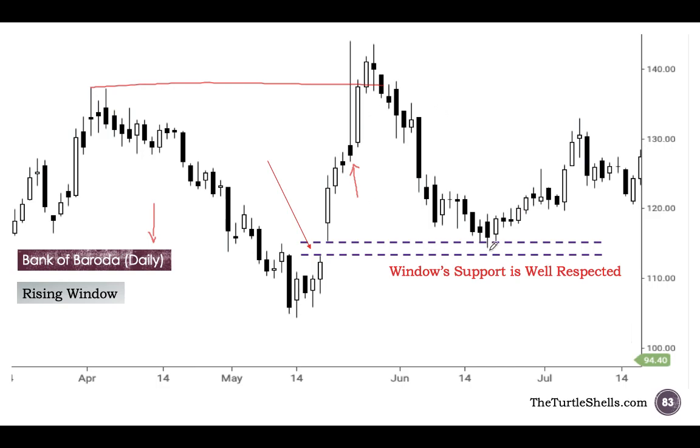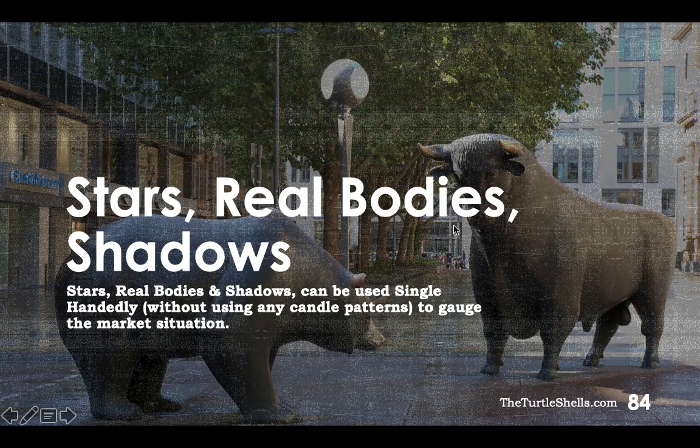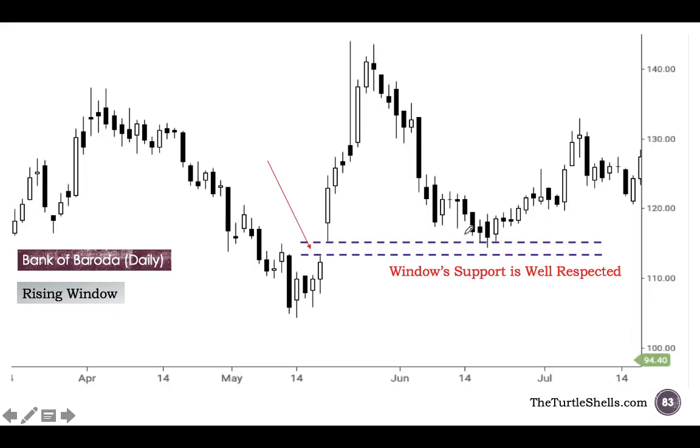Okay, another thing to notice is that the window's support is well respected. The market came down after a steep rally, and look what happened here. That's why I say that the window becomes support. So for that many days, 1, 2, 3, 4, 5, 6, for 5 or 6 days, that entire week, the window has held as support.